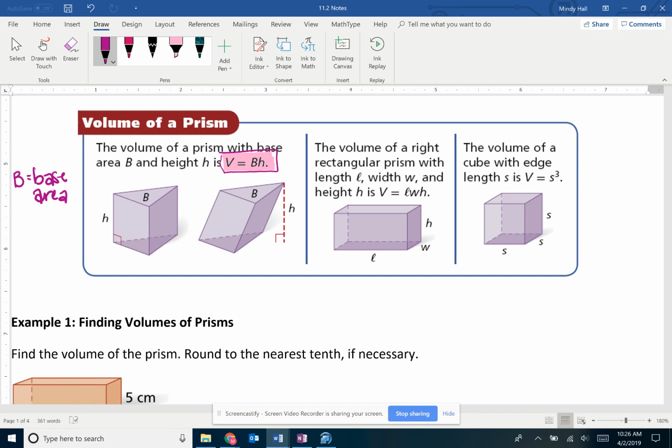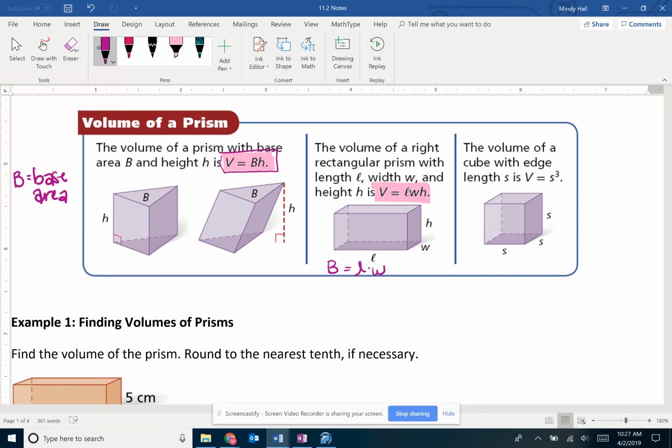So then for rectangular prisms and cubes, you can still use the volume equals base area times height. But another way of looking at it with a rectangular prism is that it is length times width times height, because if I wanted to find my base area of a rectangle, I would need length times width.